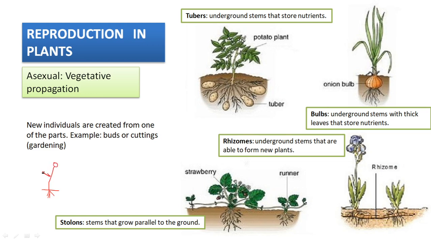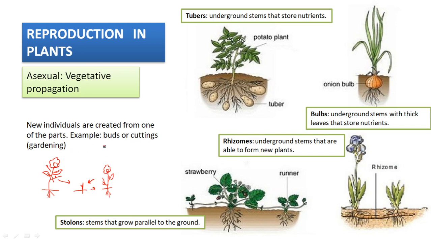Okay, this is our plant. Then let's put some branches. We can cut a branch and put it in a pot. After a period of time, this tiny branch starts to develop new branches, roots, leaves, and you get a completely new plant from this branch.